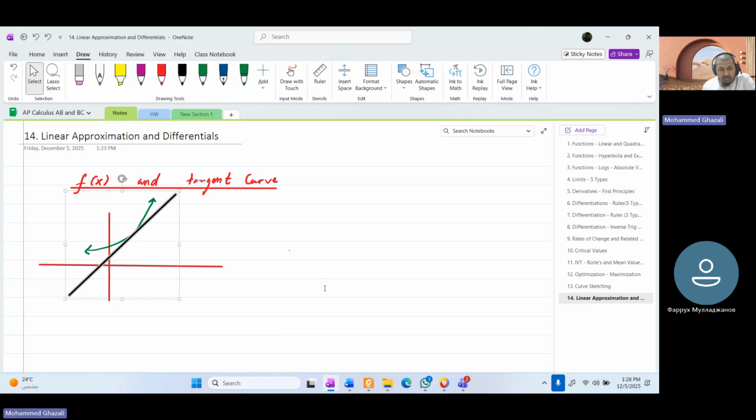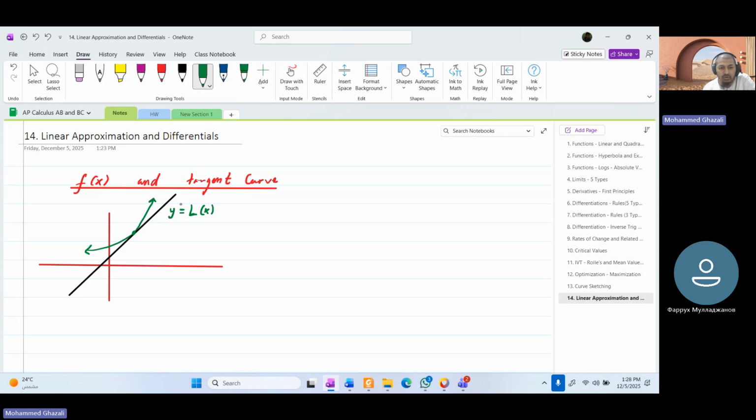Okay. So the green curve is the original function. And let's put a point here and call it a and f of a. And this is the tangent function. The black curve is the equation of the tangent line, or we call it a linearization function. Why do we call it a linearization?